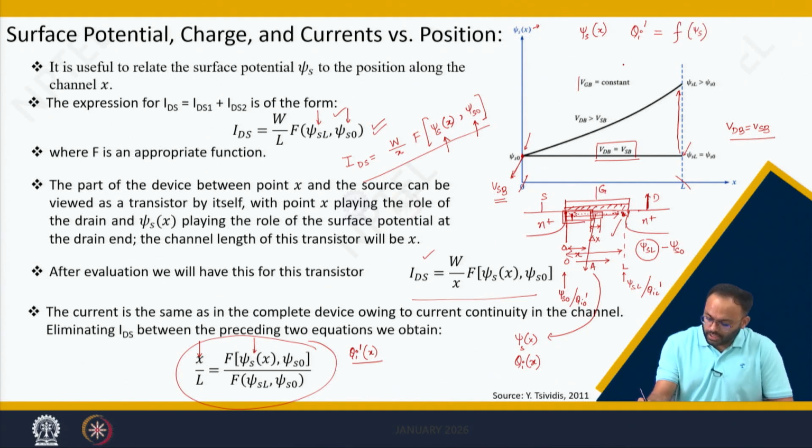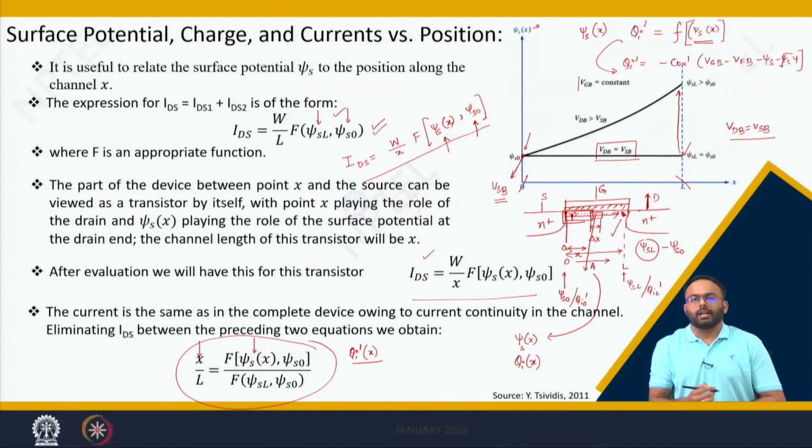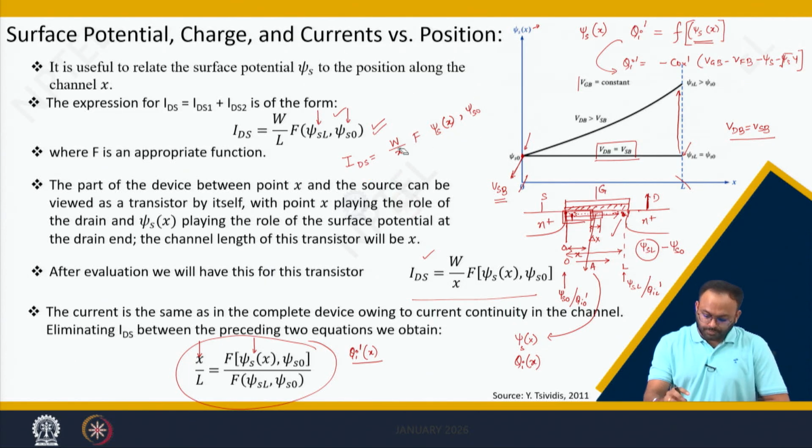As we have seen earlier, Qi dash can be written as minus Cox dash into Vgb minus V flat band voltage minus psi s minus gamma root psi s. So, if I know the surface potential as a function of x, then by putting this function back into the inversion charge equation, I can relate the inversion charge as a function of x.